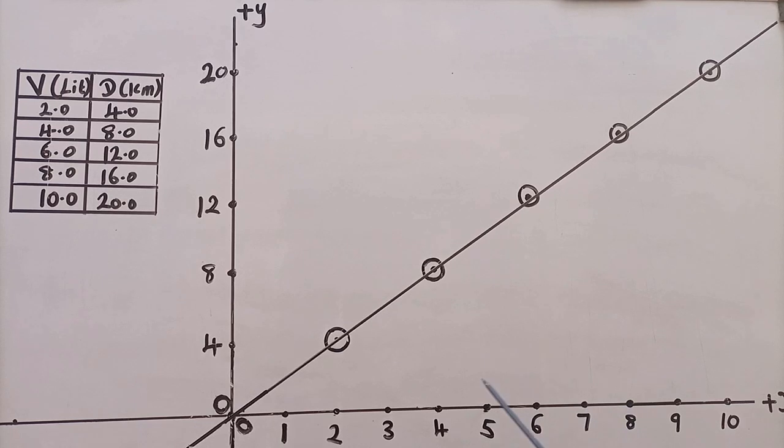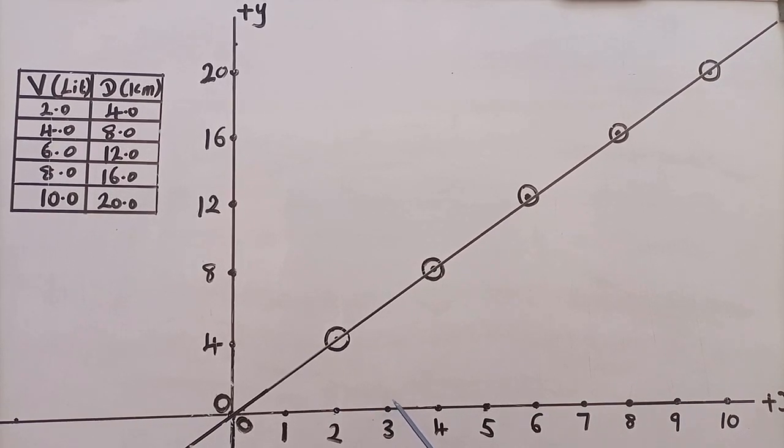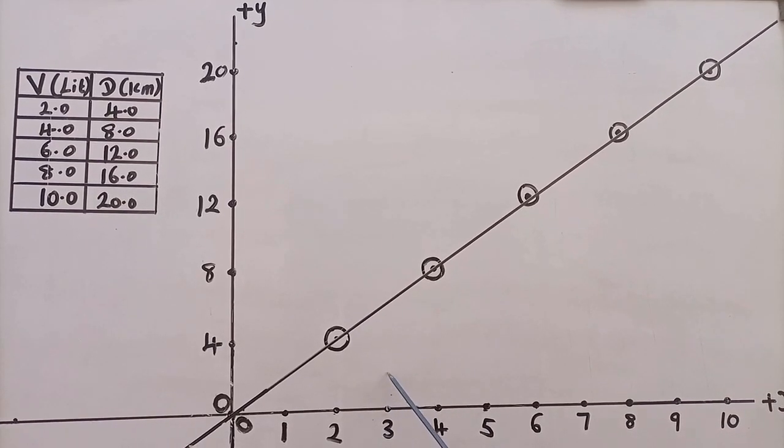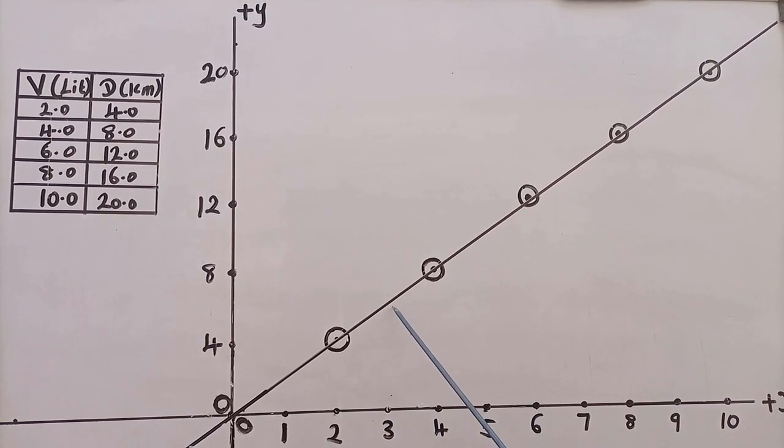Take, for instance, if the owner of the vehicle puts 3 liters of petrol into the vehicle, how do we know how much distance it is going to travel? It is estimated by moving a line vertically upwards from this 3 to meet this straight line.